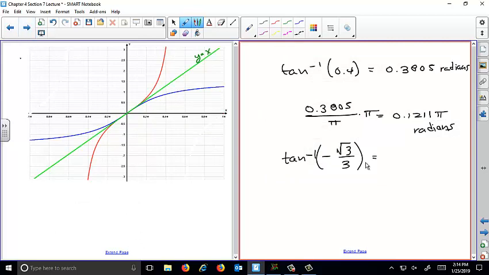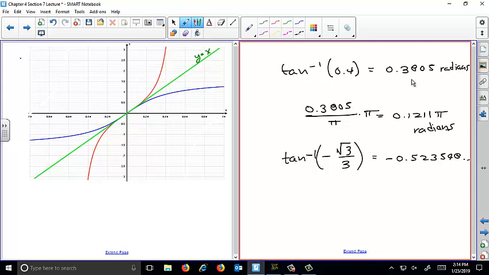So if we take the inverse tangent of negative square root of 3 divided by 3, we get negative 0.52358, and so on.